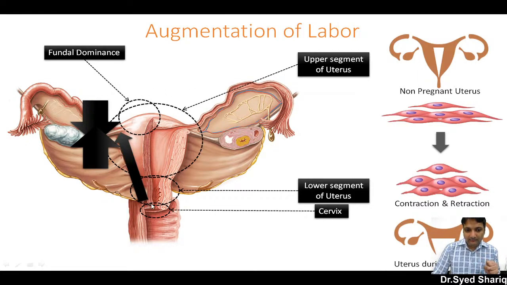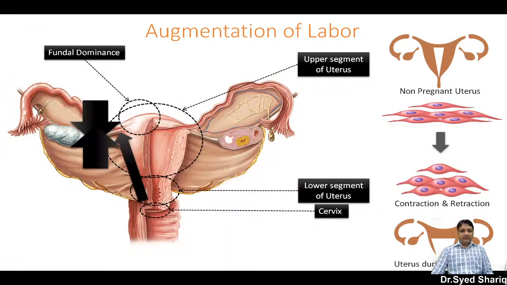When they contract, they pull the lower segment and the cervix upwards, and the birth canal becomes larger and larger. This is known as the ripening of the cervix. The cervix has been ripened, and it's time for parturition.